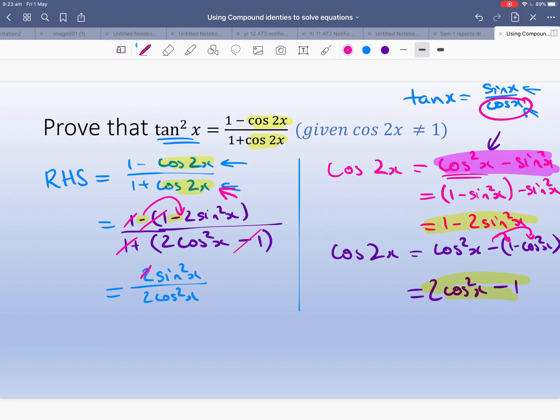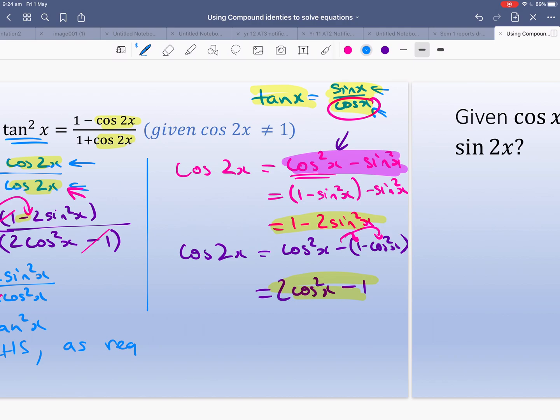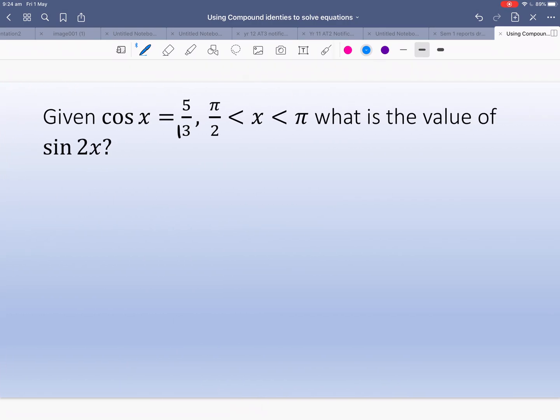Now this is wonderful because we've got sine squared x over cos squared x. Bingo, that's what we want. That equals tan, so it equals tan squared x, which equals left-hand side as required. Okay, so that is just like doing any kind of proof. And one more example to go.